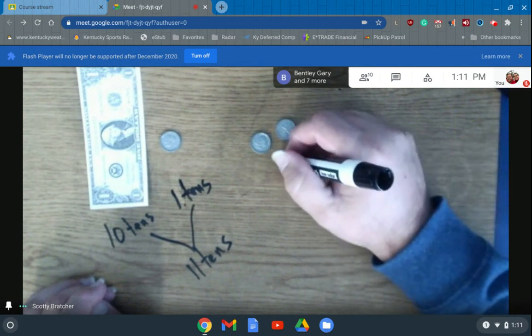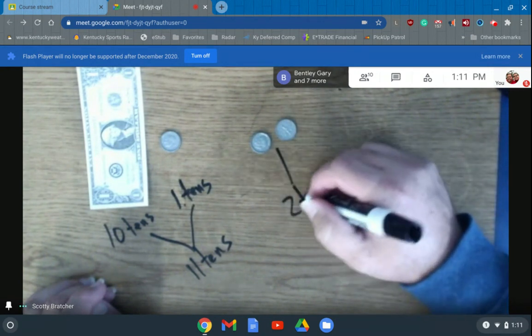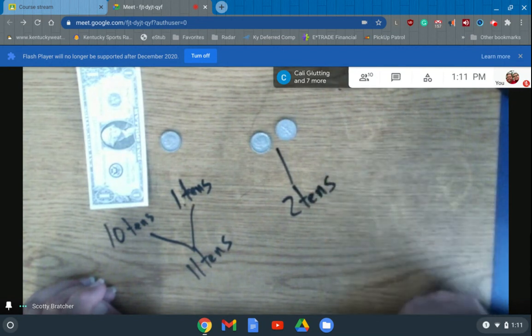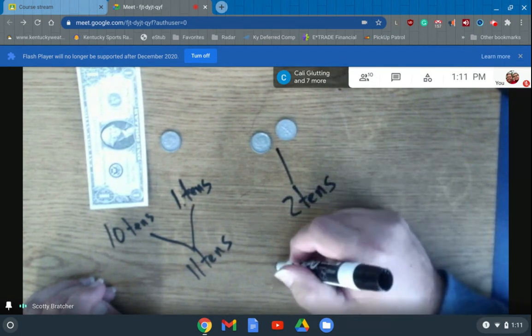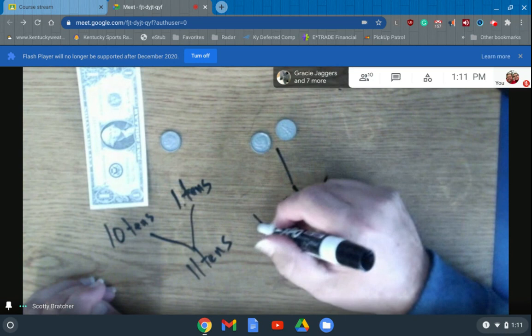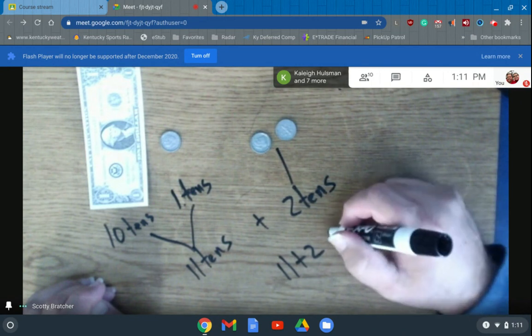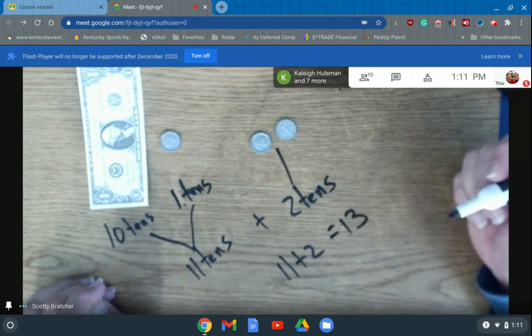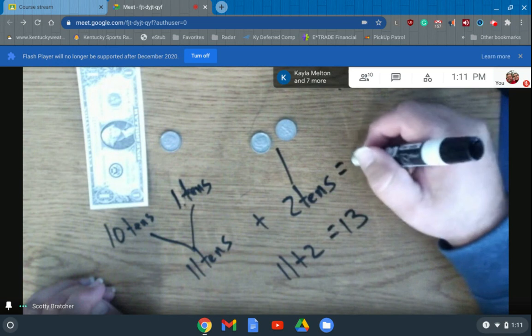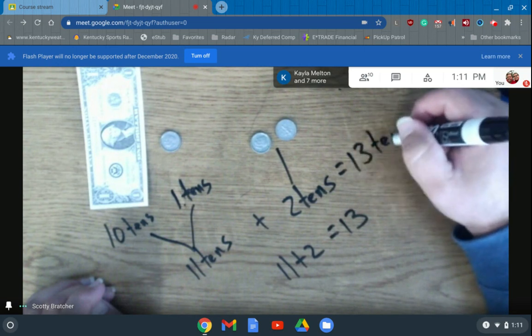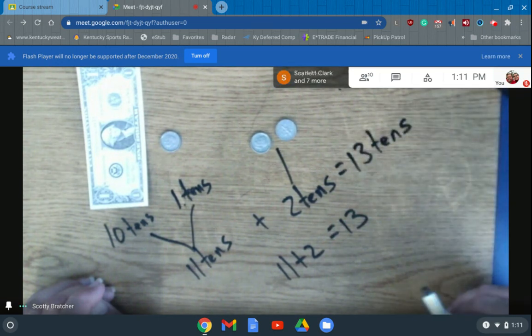And then I've got 2 tens. So I'm using 11 plus 2. 11 plus 2 is 13. And there's Gracie's 13 tens that we were just talking about.